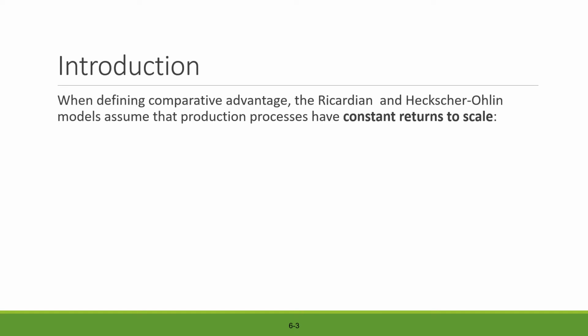Now, when defining comparative advantage and the Ricardian and the Heckscher-Ohlin model, in all those models we have an assumption, and that assumption is about the constant return to scale. And what do we mean by constant return to scale?